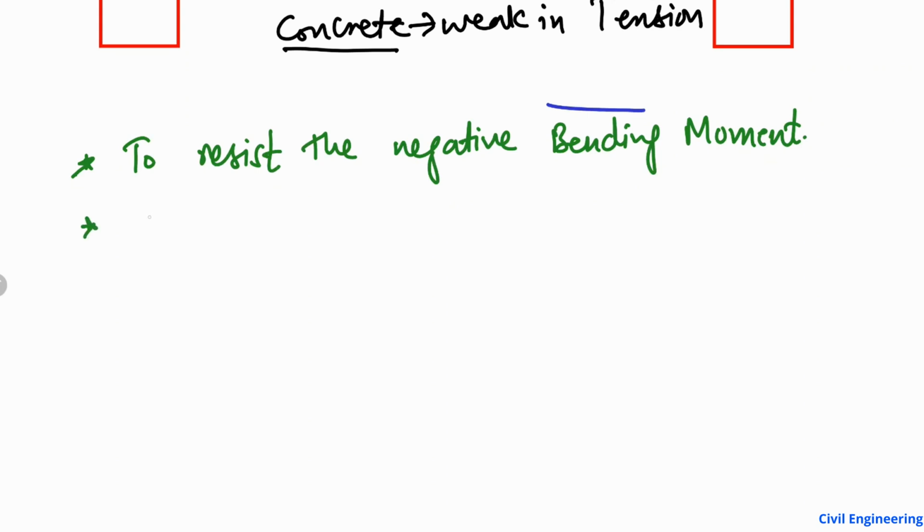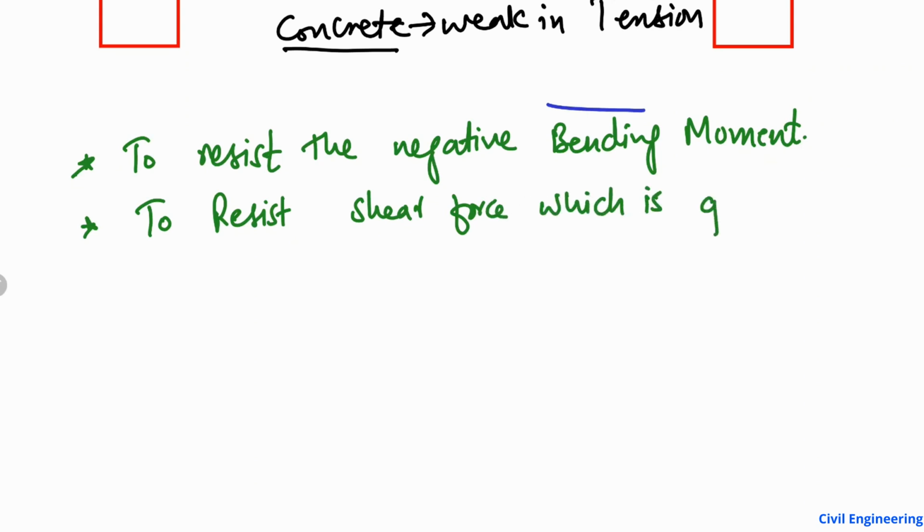The second one is to resist the shear force, which is greater at the support. This is also one of the advantages of providing the crank bar, that it is used to increase the shear capacity of the beams or slabs, because there is a high shear force.